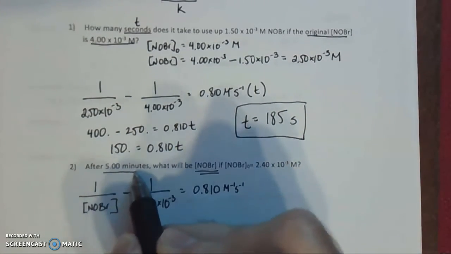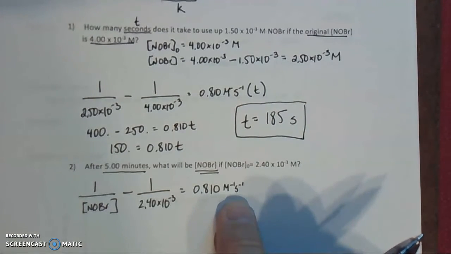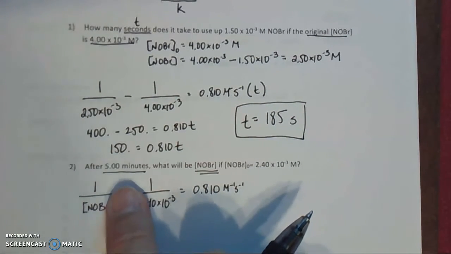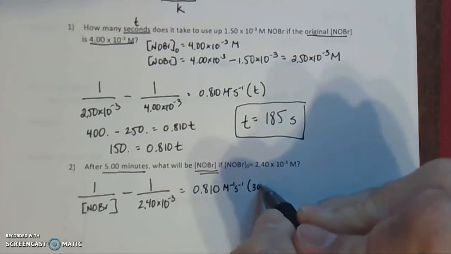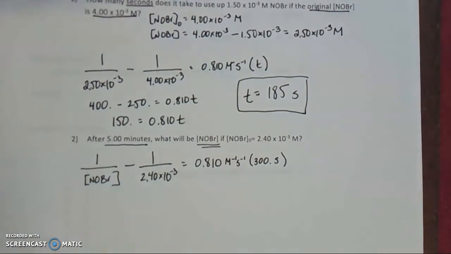Here's our t value, 5 minutes. This is in seconds, so make sure that you change 5 minutes to 300 seconds. If you don't, you're going to have a mistake.